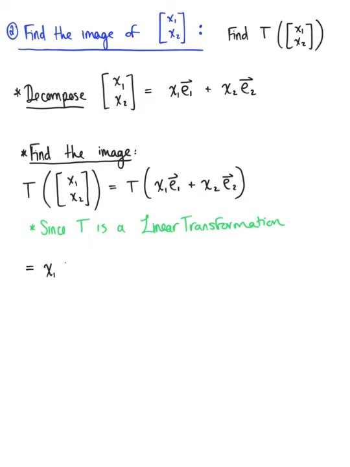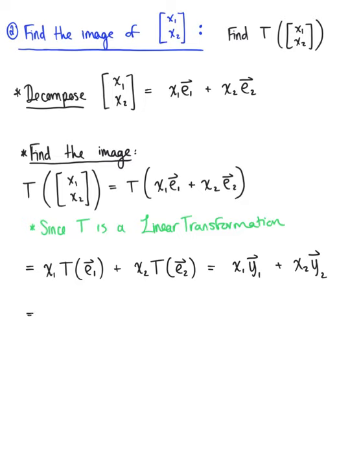So we have our scalar multiple x sub 1 multiplied by the image of the elementary vector e sub 1 under the action of t, plus our scalar x sub 2 multiplied by the image of the elementary vector e sub 2 under the action of t. And we know by what is given in this question that this is equivalent to x sub 1 multiplied by vector y sub 1 plus x sub 2 multiplied by vector y sub 2.